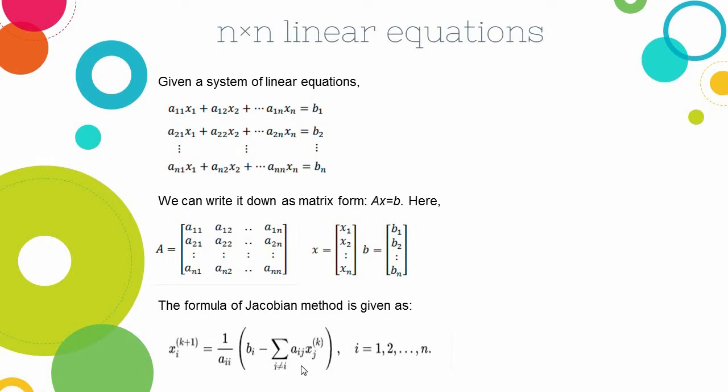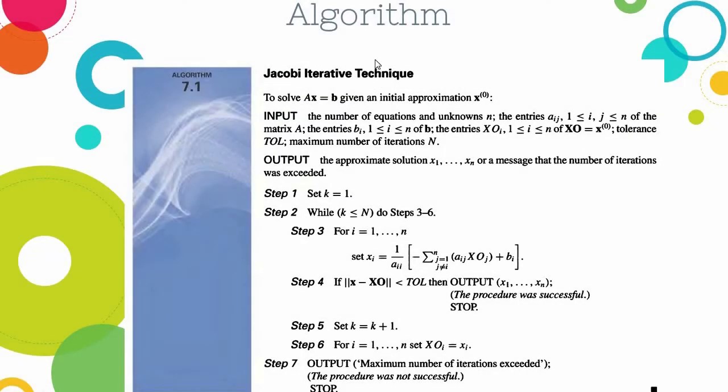So what does that mean? That means we only do the summation for non-diagonal elements aij times xj, not for the diagonal elements. Okay, now let's take a look at the algorithm for the Jacobi method to solve Ax equals b given an initial approximation x0.